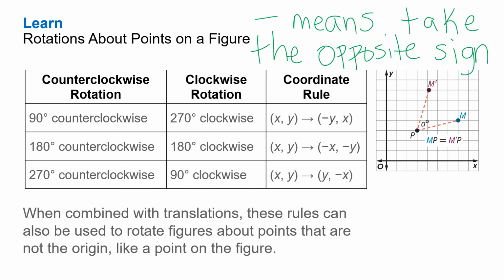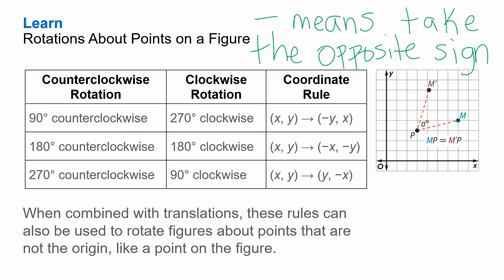We take our pre-image point and rotate them either 270 degrees counterclockwise or 90 degrees clockwise, and we have to switch the x and y coordinates and take the opposite sign of the x coordinate.